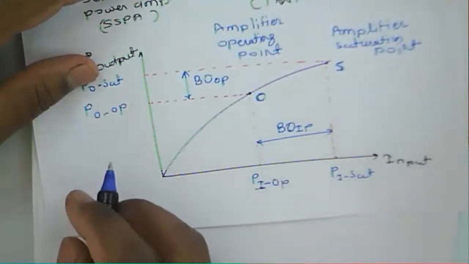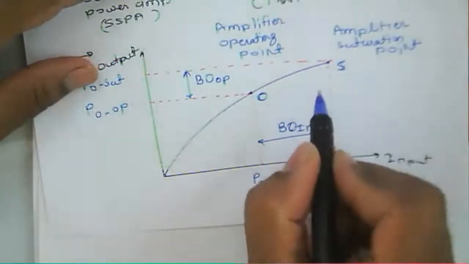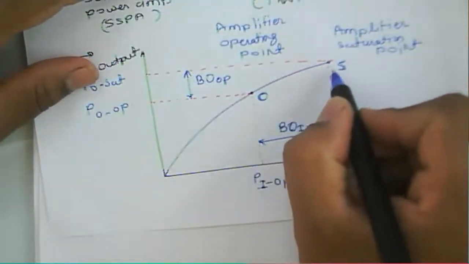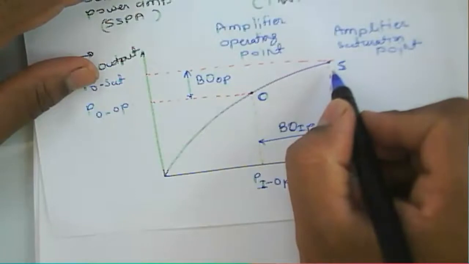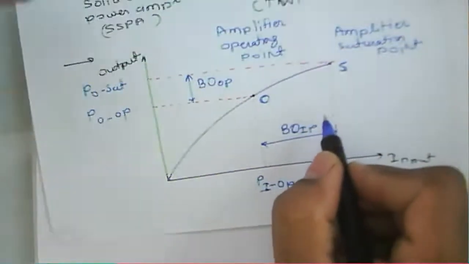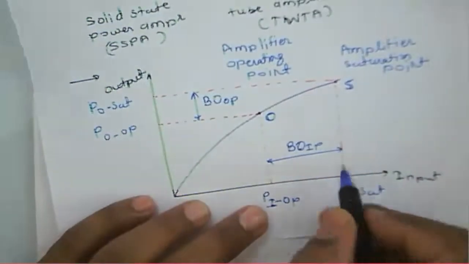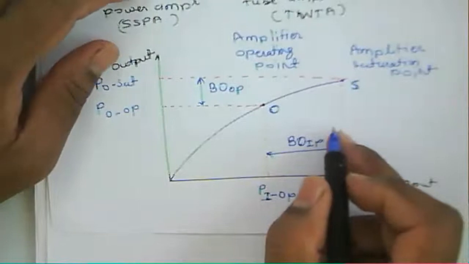Now this particular curve has a saturation point here. From this saturation point, we have a saturated input power and a saturated output power.